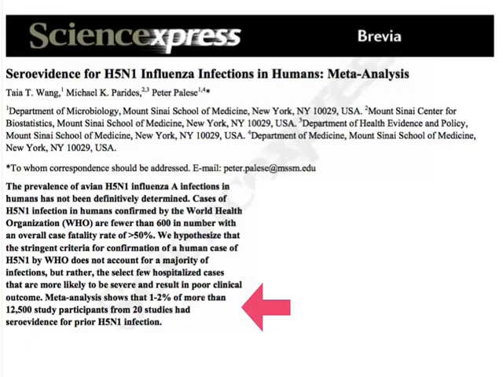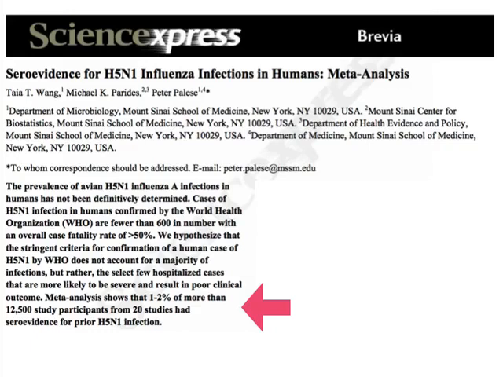We've talked many times in this course about how many viruses do not cause disease in every individual that's been infected. And this was a paper published a couple of years ago from Peter Palese's laboratory here in New York City: seroevidence for H5N1 influenza infections. What they did is a meta-analysis. A meta-analysis is when you take everyone else's data and you put it all together and analyze it.